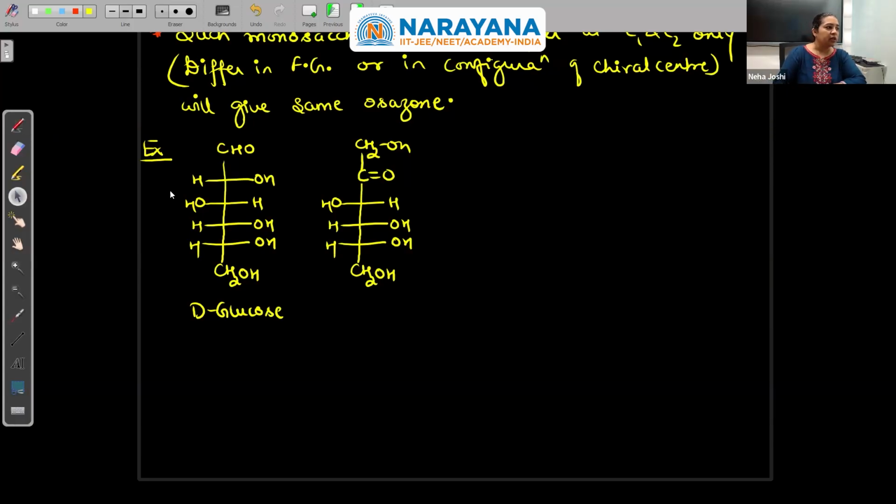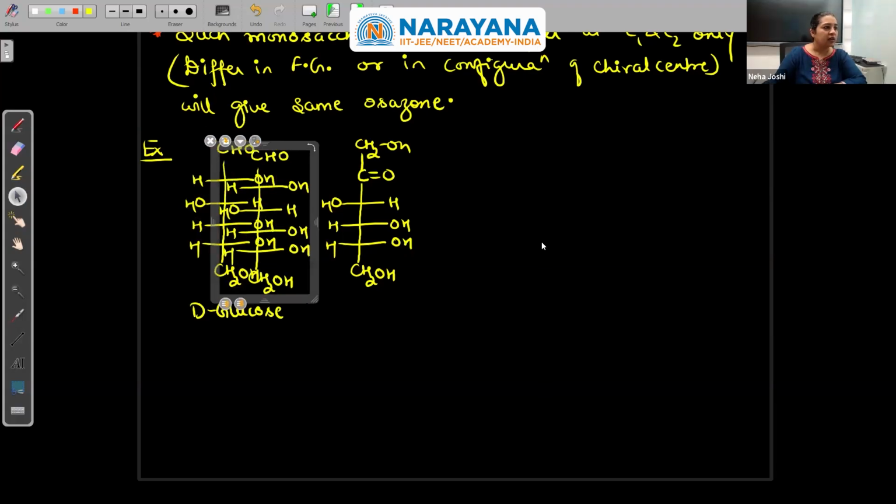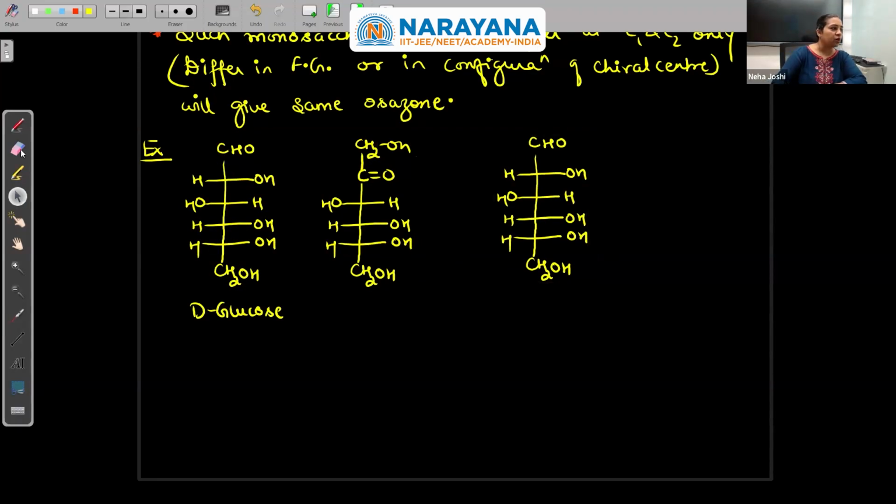Similarly, I have one more possibility: this change, left, left, right, right. So this was D-fructose, and I think all of you must be remembering this.